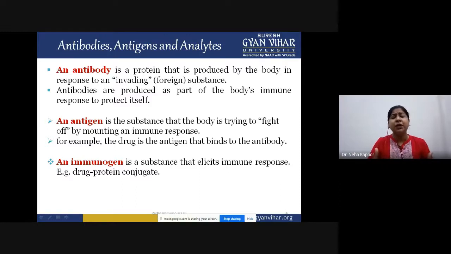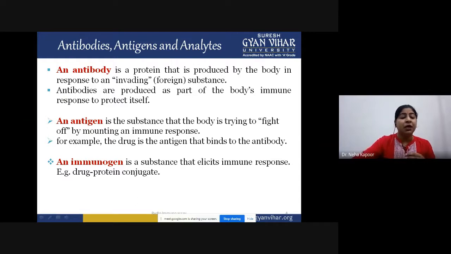These molecules are normally produced by a specific part of the immune response. For example, in humoral immunity, B cells are the key players who play a very important role in secreting antibodies against specific antigens. So these are the antibodies that our body normally produces so as to protect itself from any kind of invading molecule.